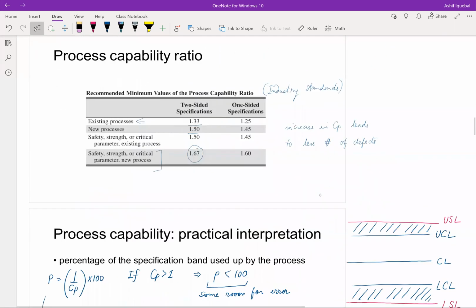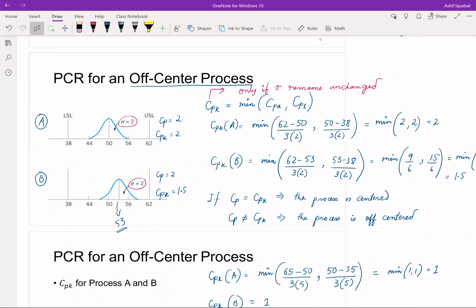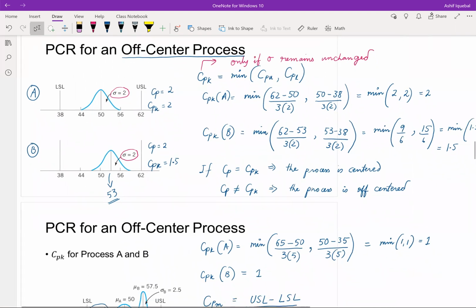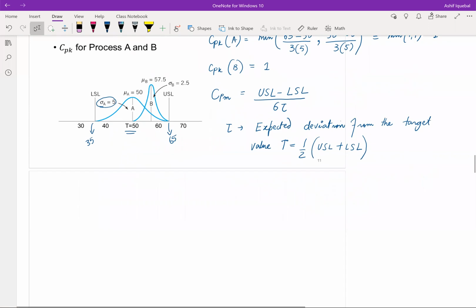Now, if the process mean shifts while the standard deviation remains fixed, this is where we will use CPK, okay? And if both the standard deviation and the mean change, we will use CPM as the measure of process capability ratio, okay?